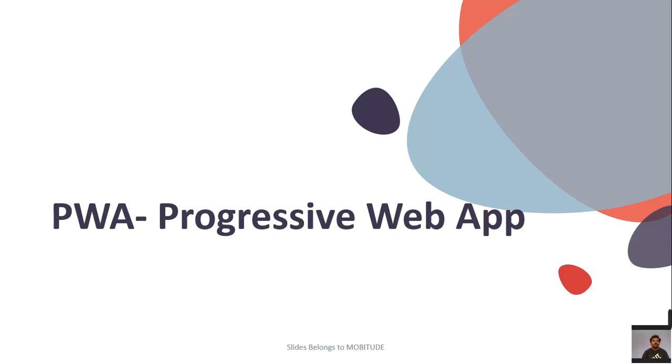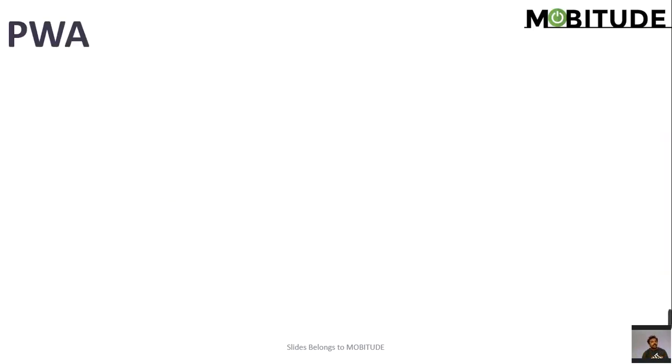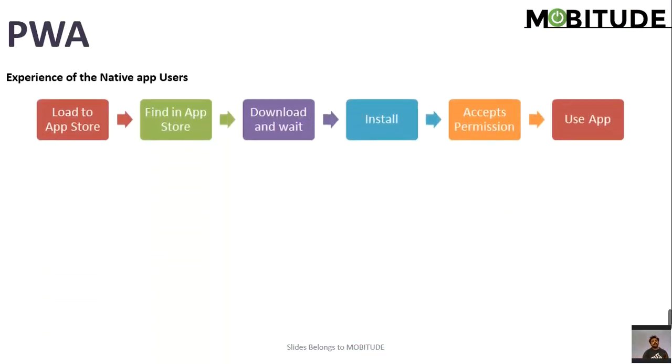How it can be installed, I'll show you now. Usually, with native or hybrid applications, the application is developed and loaded to the App Store or Play Store. Then the user needs to search for the application.